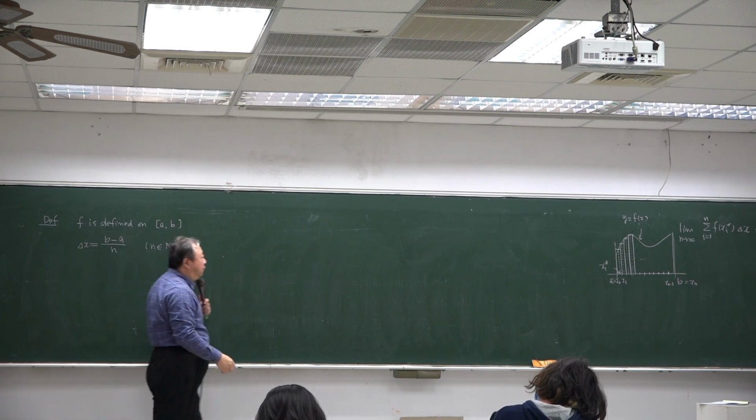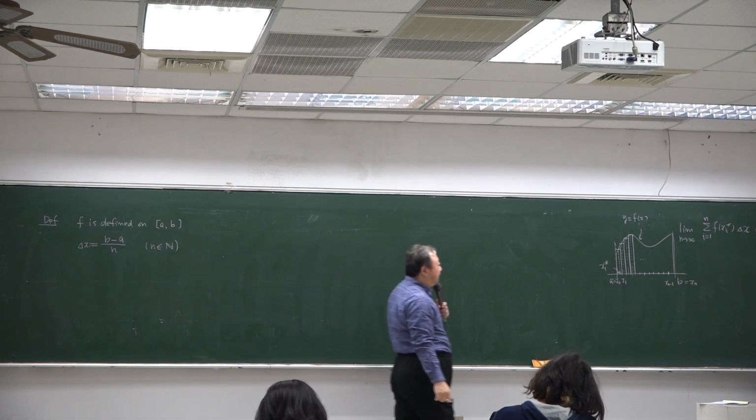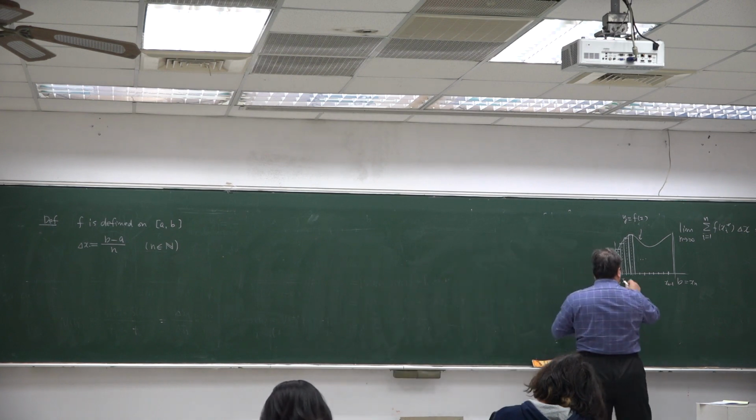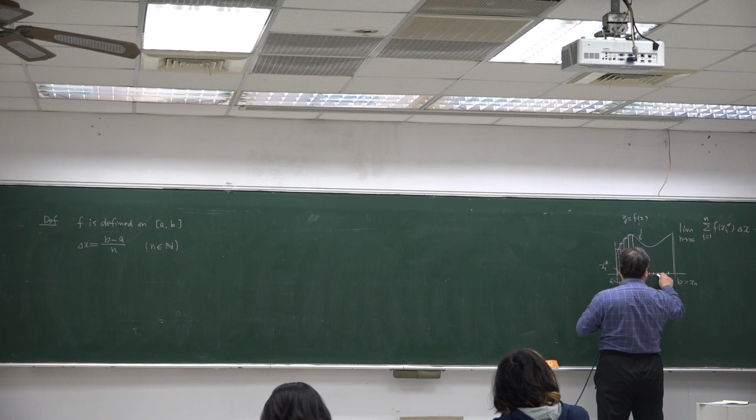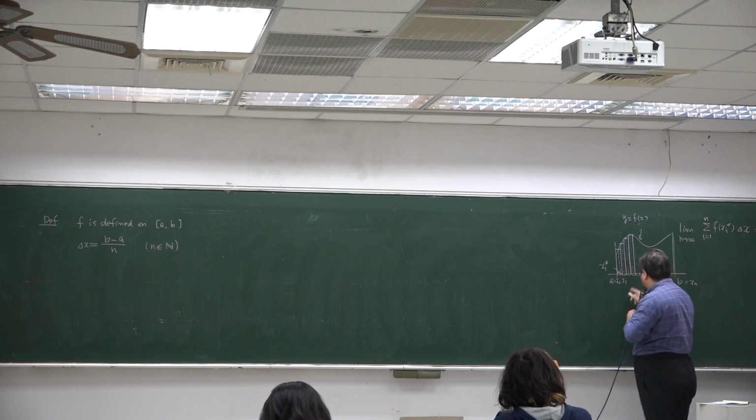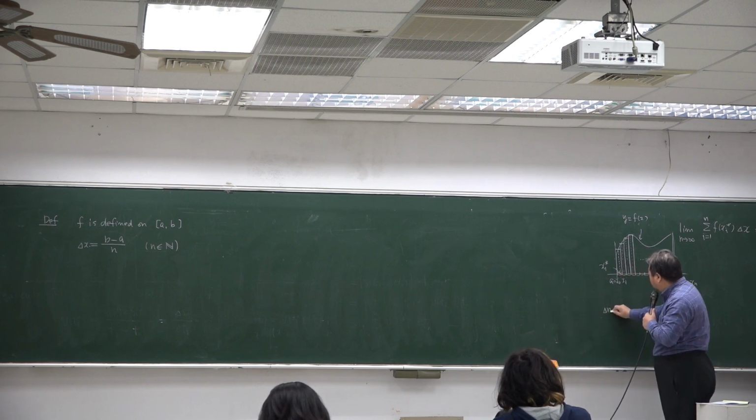For example, n equals 12: 1, 2, 3, 4, 5, 6, 7, 8, 9, 10, 11, 12. In this case, delta x equals (b minus a) over 12.